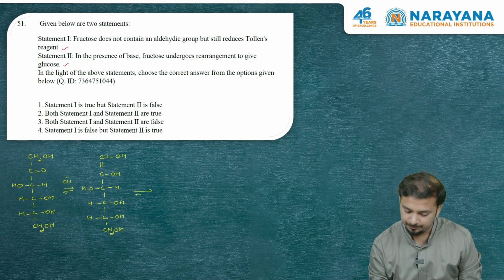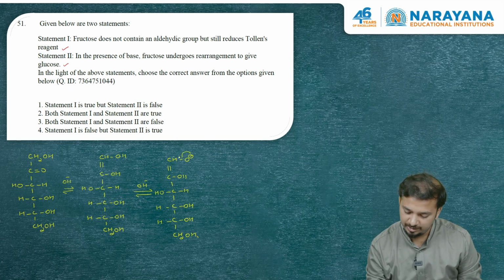After this, in the presence of OH minus, an anion will be formed which will be CHO negative, double bond C, OH, C, OH, H, C, H, OH, C, H, OH and CH2OH.